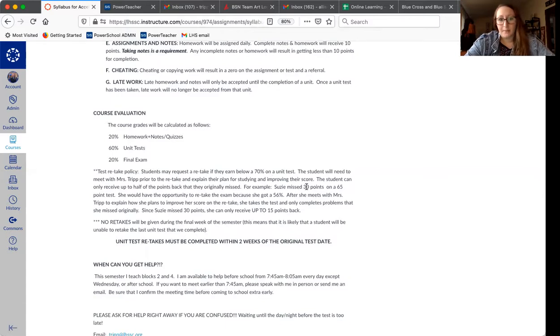That student would have an opportunity to retake because she would have gotten a 56% at that point. After she retakes the test, I grade only the ones that she missed originally, and she can receive up to 15 points back because she originally missed 30. So I will only give back up to half the points. There's no way for a student to earn 100% on a test when they're doing a retake.